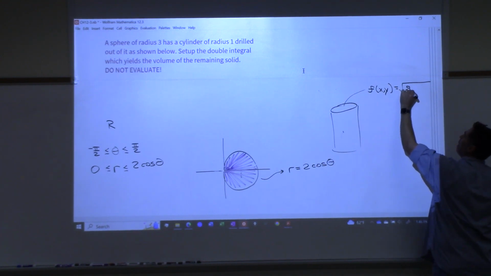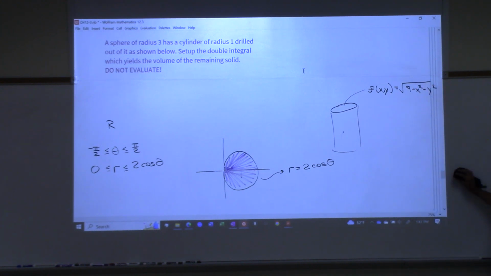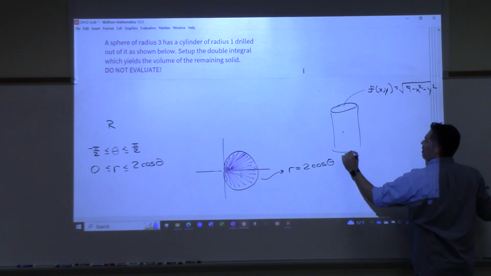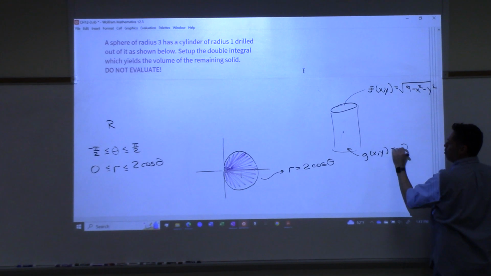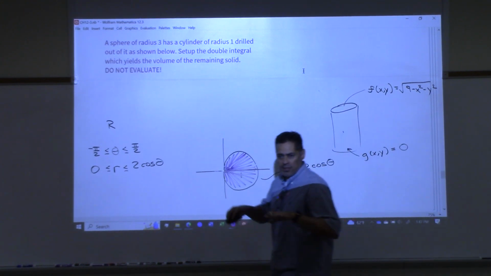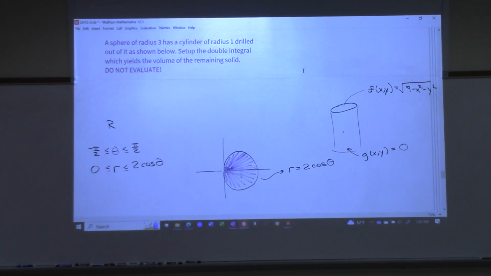So this would be 9 minus x squared minus y squared. I was confusing it with the previous problem, right? And then our g, which is the bottom, g of xy in this case, is just the xy plane, or z equals 0, right? Just the ground. We've got to convert both of those to polar. And then once we convert them to polar, we put the integral together and we integrate, right?